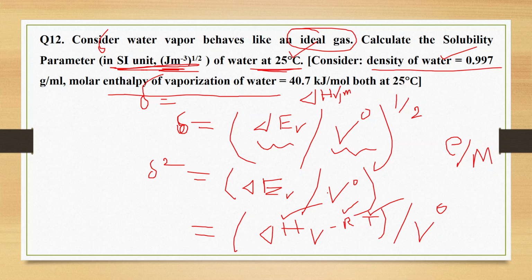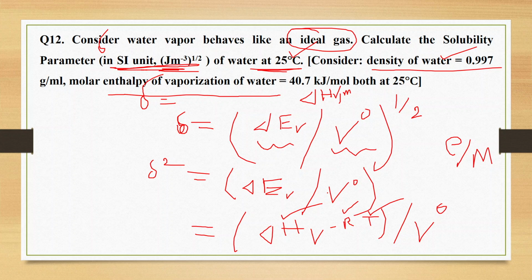So if both of you are getting such different values, I think this is due to some miscalculation during the unit conversion. Make sure you put all the values in SI unit. Delta H V is 40.7, so please do consider converting it to joules. It is in kilojoules, so make sure you convert into joules.